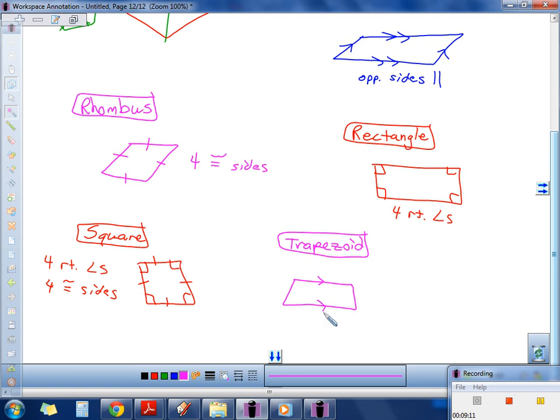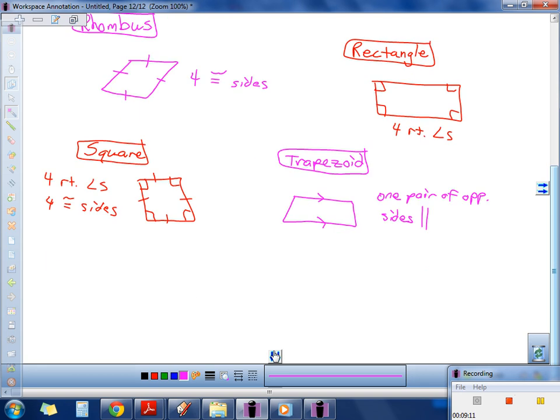What's that mean? One set of opposite sides parallel. One pair of opposite sides parallel. Only one pair.